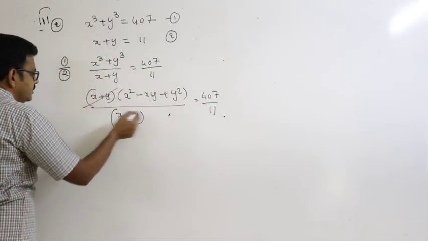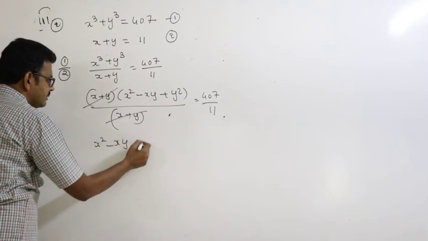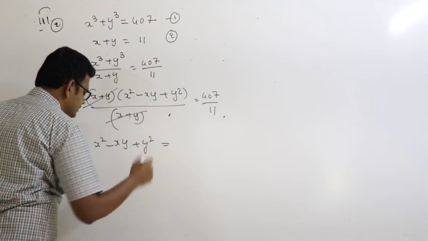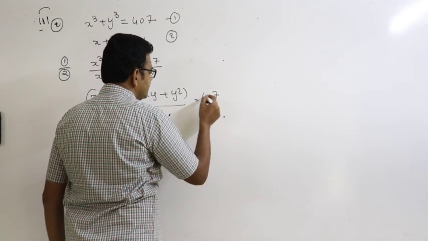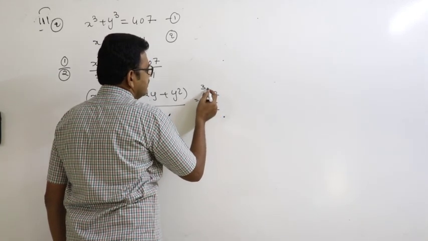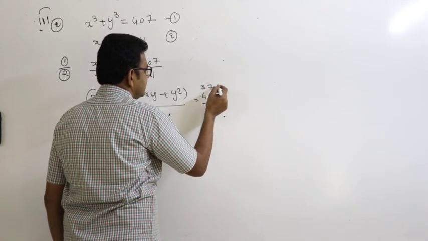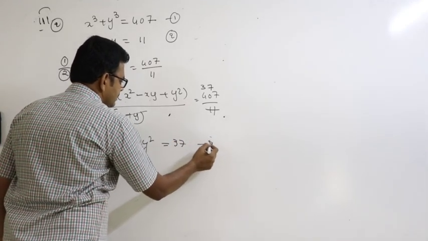So these two get cancelled. This is x square minus xy plus y square is equal to 37, 11 3s are 33, 7 7s that is 37. Let it be the third one.